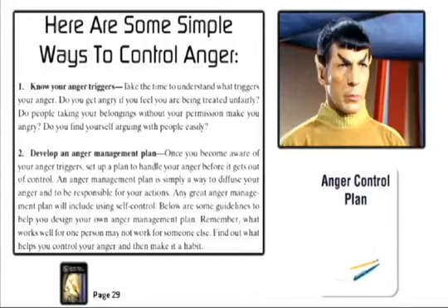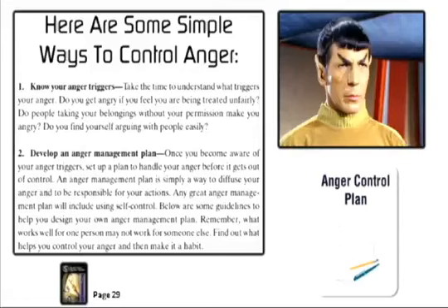Do you get angry if you feel you're being treated unfairly? Does people taking your belongings without your permission make you angry? But actually, does anybody make you angry? No, we choose to become angry, okay? It's by the way we perceive the situation. We choose to become angry.